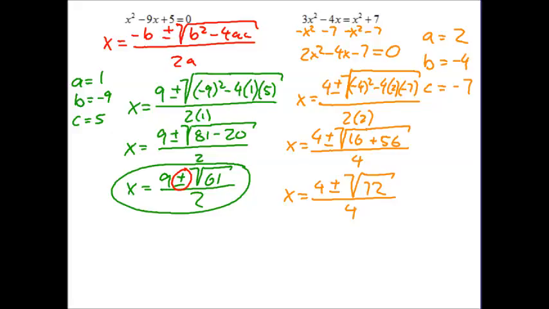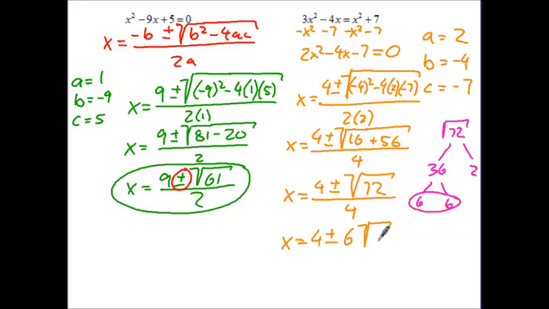Now the square root of 72 can be simplified. Let's make a little factor tree here. 72 is 36 times 2, and yay, 36 is a perfect square. That means we can pull out the 6. x is equal to 4 plus or minus 6 times the square root of 2 divided by 4.